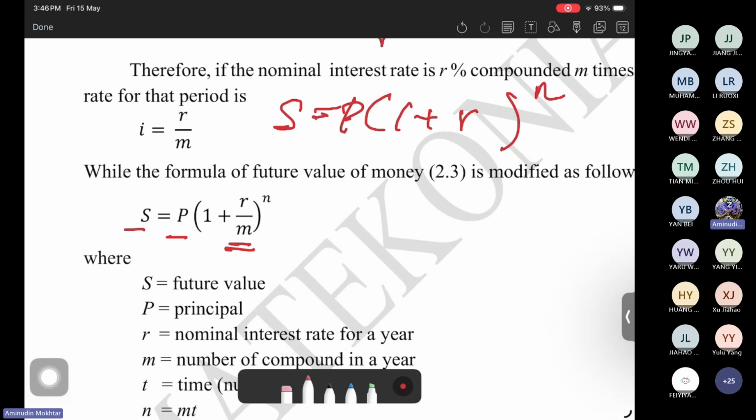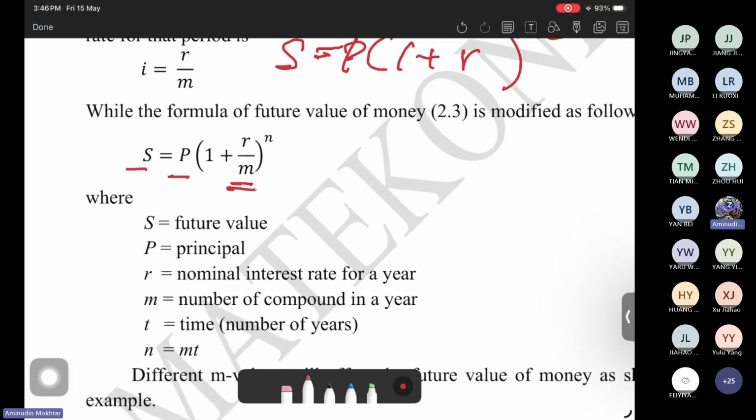So the nominal interest rate must be divided by m, the number of compounds, and then we have the number of years. Whether m equal 1, 2, 4, 12, 52, and so on.